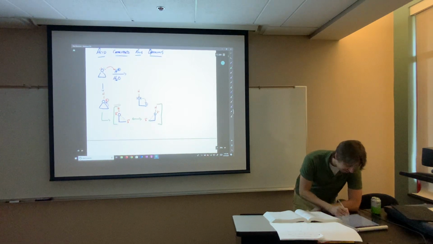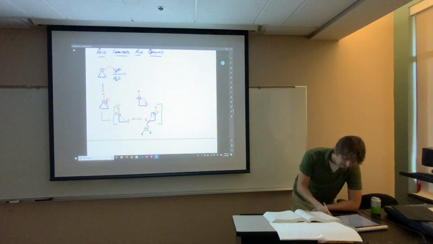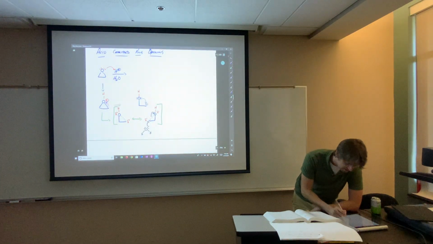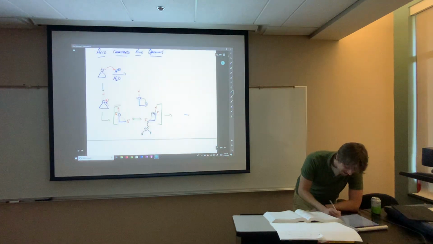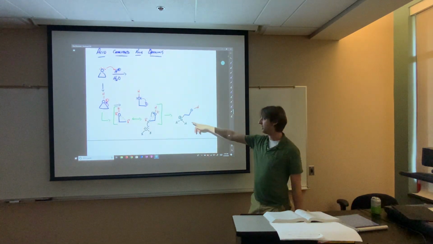So the next step is that water comes in, right? So water's going to come in and hit either one of those partially positively charged carbons. And then we're going to finally pop open the ring. So we have our water that came in here in black, and then we just have to finish by cleaning this up.